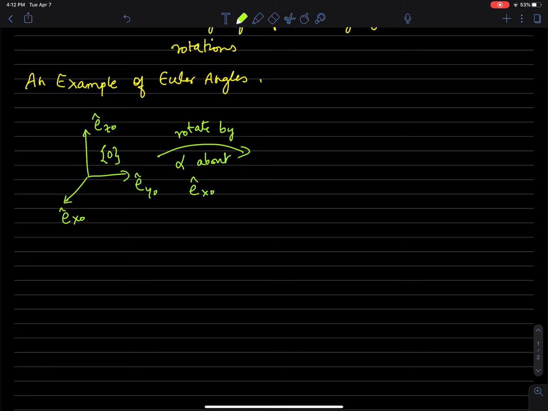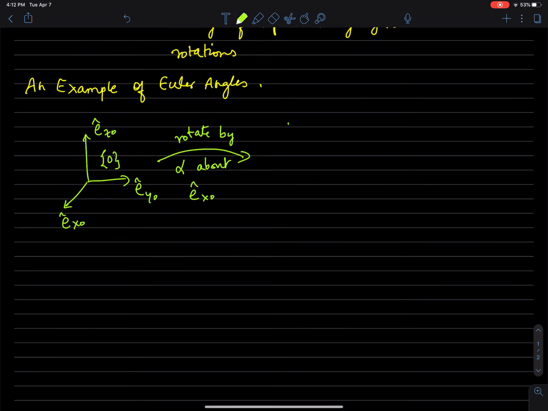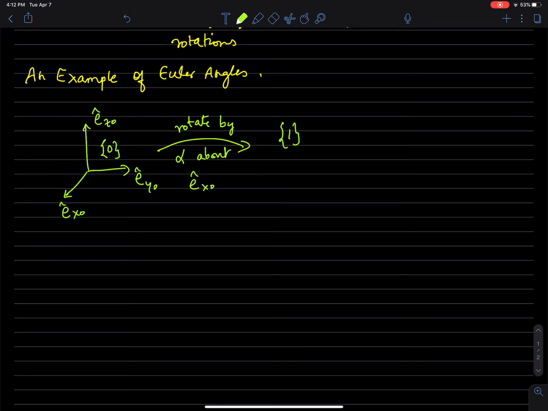Okay, and you get some new system. Let's call that 1, which has ex1, ey1, ez1, and then you rotate that system by, let's say, beta about ey naught, and then you get some frame 2.